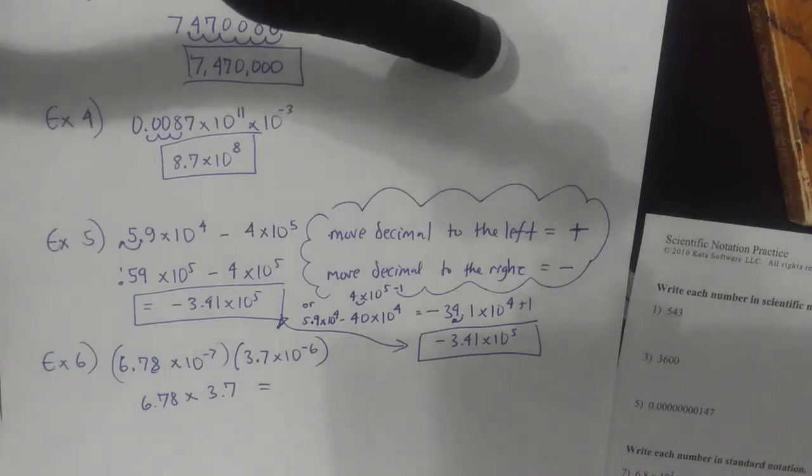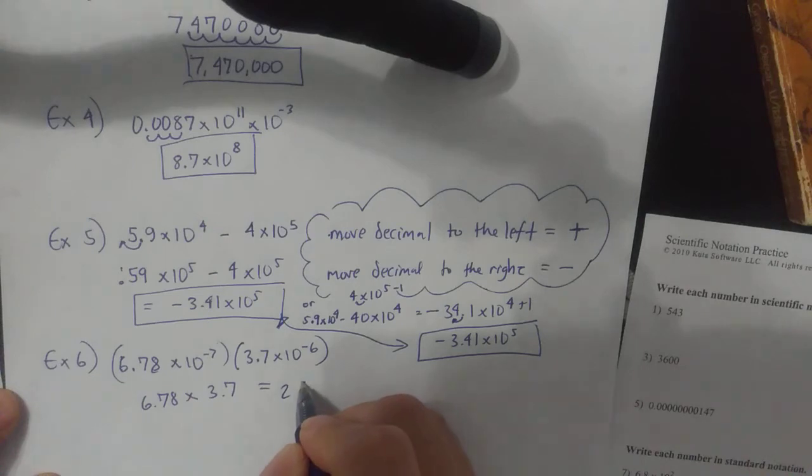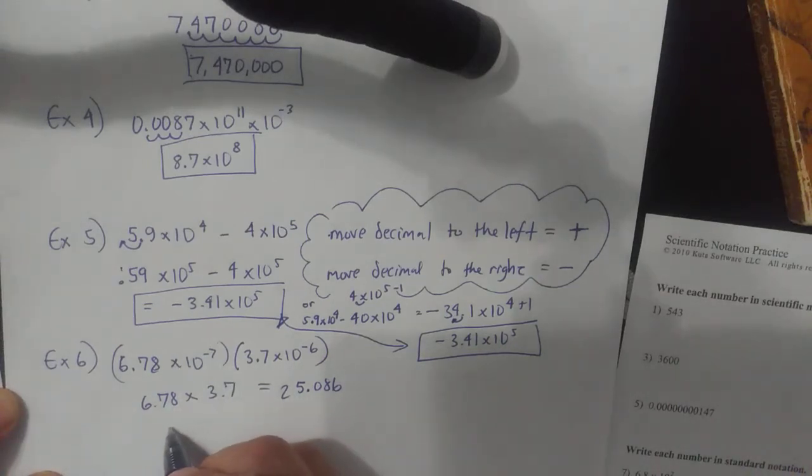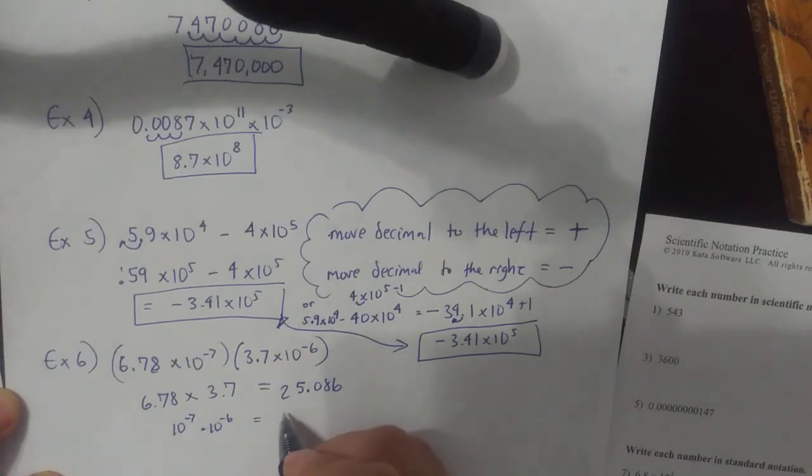Put that on my calculator. 6.78 times, I got 25.086. And then we're just going to add the exponents. So 10 to the negative 7 times 10 to the negative 6. And all we do is add those. So we get 10 to the negative 13.